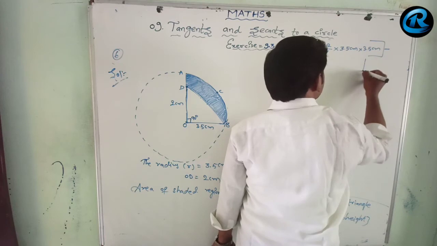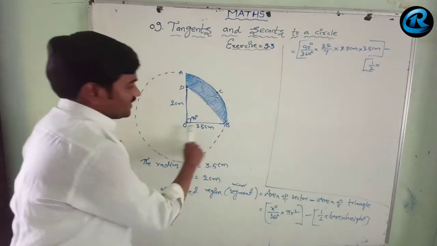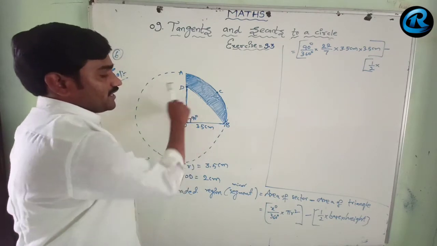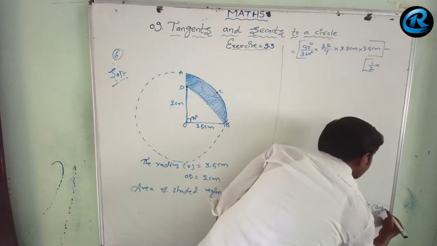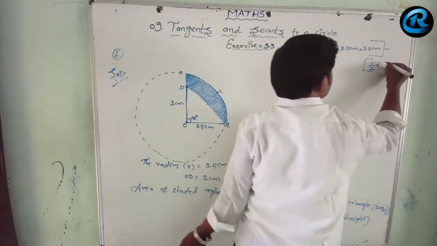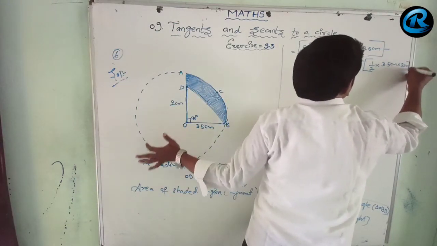Minus, we have to subtract area of triangle: 1/2 into base of this triangle OBD, base that is 3.5 centimeter, height it is 2 centimeter.